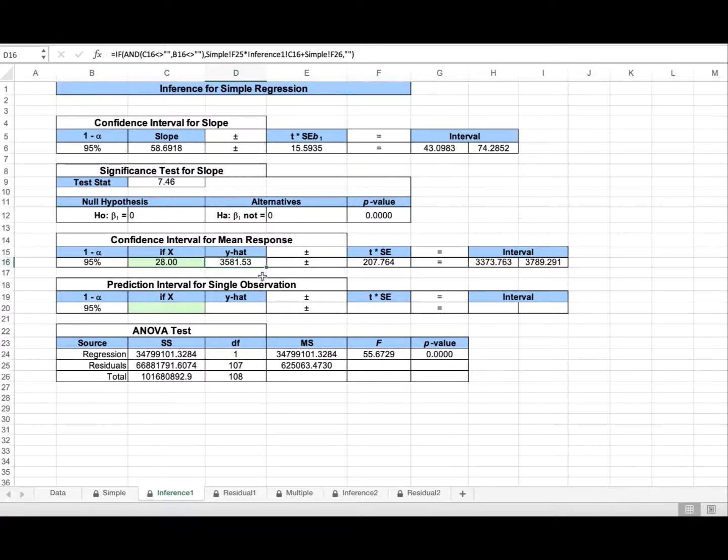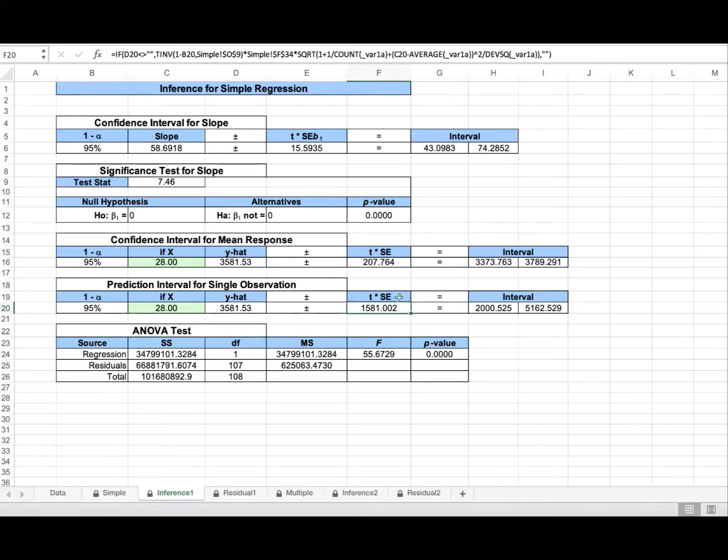The y-hat value is simply $3,581.53, and we get that from our regression equation. Let's look now at the prediction interval. Again, we'll input the cardholder age of 28. And we can see that the y-hat value is exactly the same. This will always happen. Both forecasting intervals will have the same y-hat value.